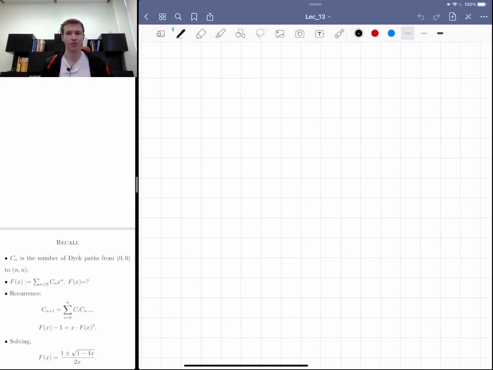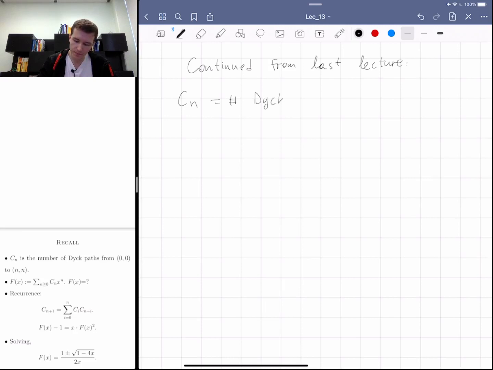So let me continue my unfinished proof. It's unfortunate I couldn't finish it last time. Continued from last lecture, I have these Catalan numbers, the number of Dyck paths from (0,0) to (n,n).